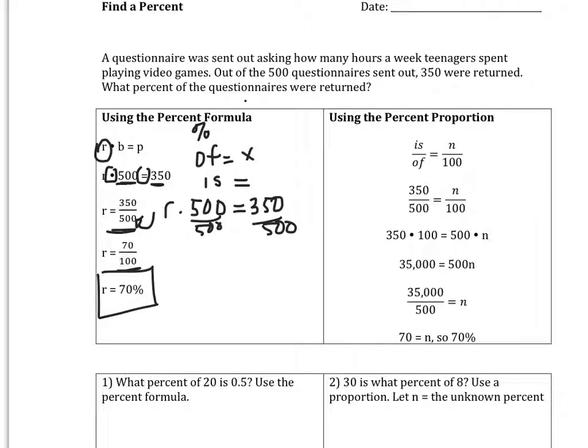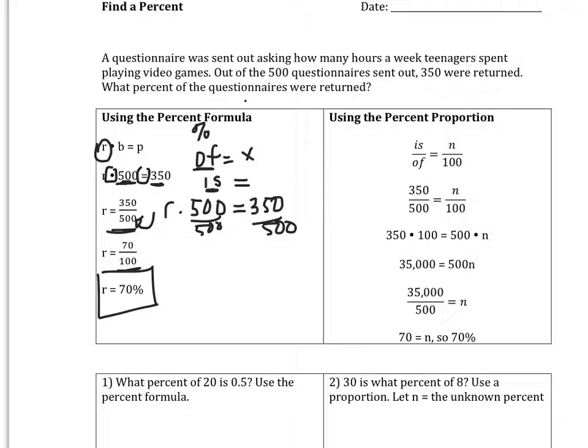So what percent of the questionnaires were returned? 70%. Again, what we did is take our English words and turn them into math symbols. "Of" means multiply, "is" means equals, and then we plugged in what they gave us, 350 here, 500 here, plugged it into the formula and worked it out.